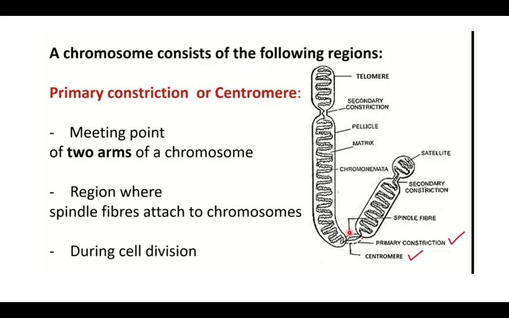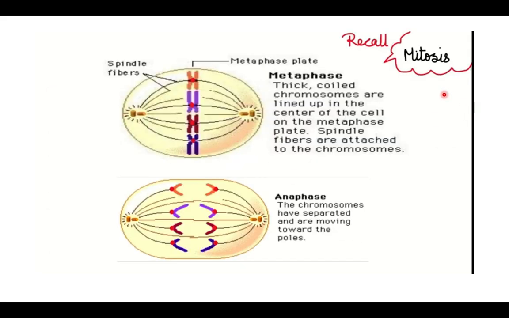So during cell division, spindle fibers attach to the chromosome. For this you must recall cell division. See, during cell division, various phases are undergoing. Here I am showing you two phases, metaphase and anaphase. During cell division, chromosomes are visible, and these chromosomes are coming closer to the middle, that is the equatorial region, which you can otherwise call the metaphase plate.